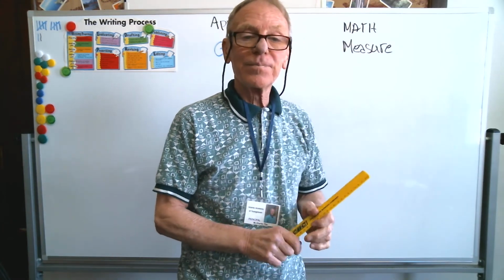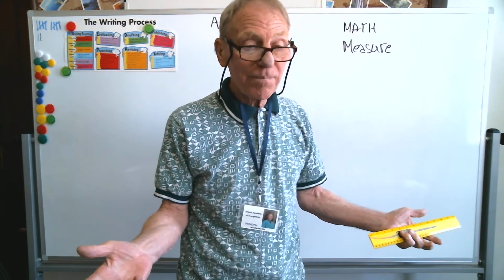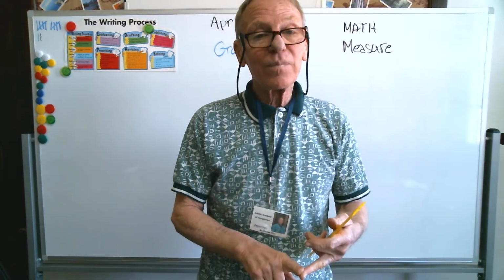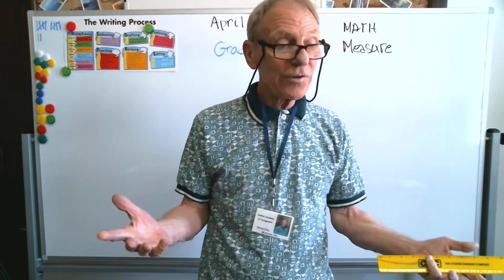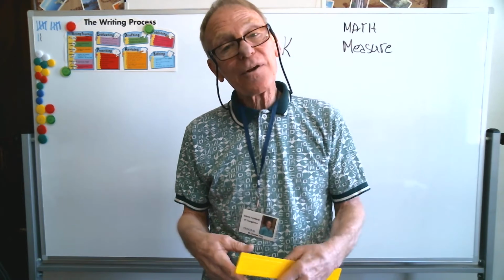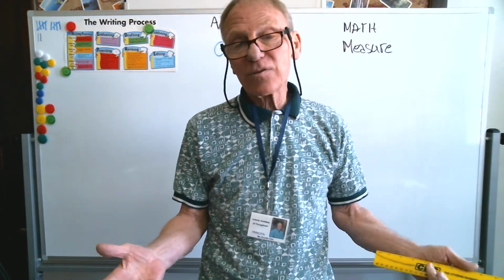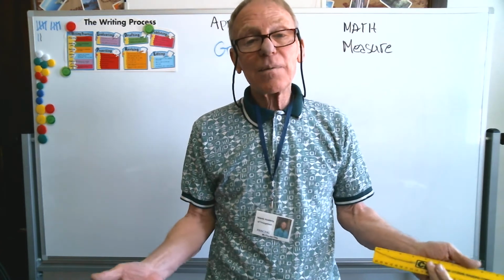Measuring. We measure all the time. Every time we step on the scale, every time we measure how tall we are. Every time you go to the doctor, they measure your weight and your height. And they measure things like your blood pressure too. Or they measure your temperature.